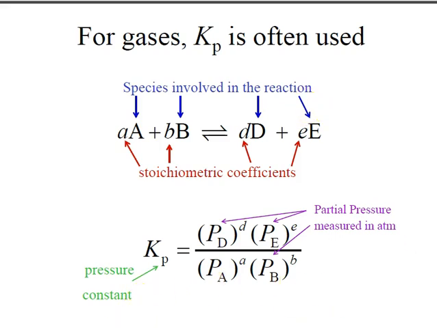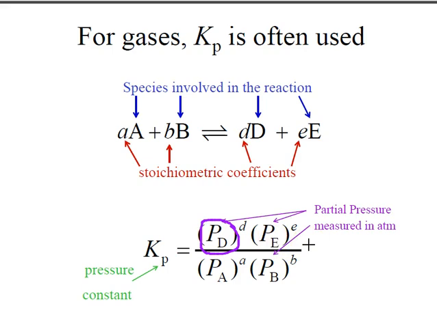So here, when you see, for example, PD, that means the pressure, we call that the partial pressure of substance D. The partial pressure of substance E. We call it pressure because all these things are in the container together, and they're all going to be hitting the sides of the container.